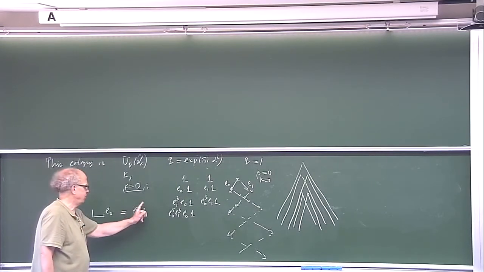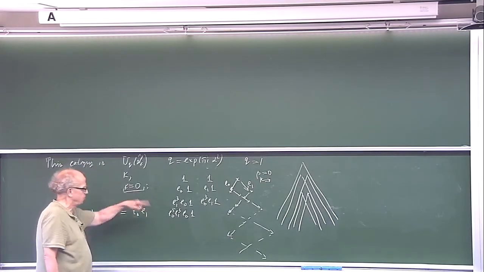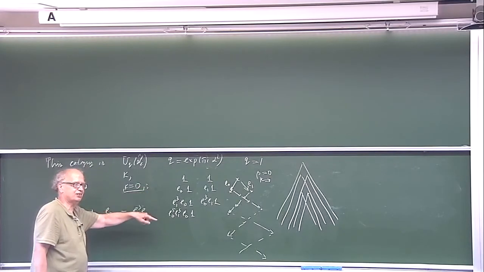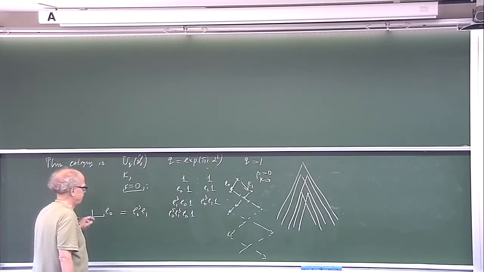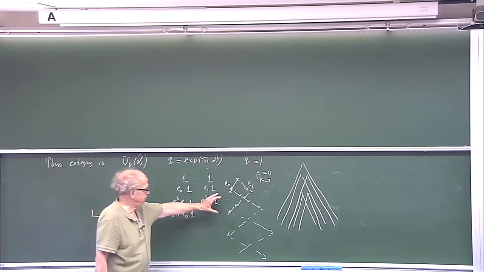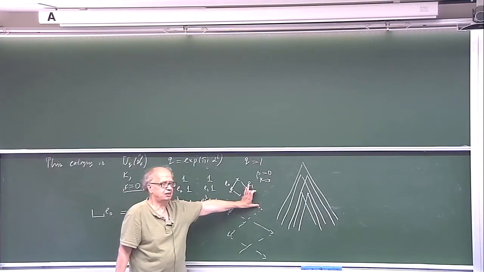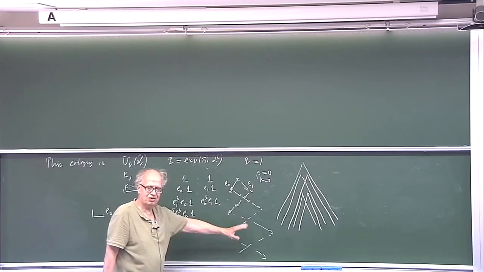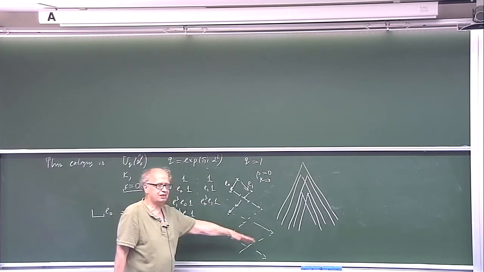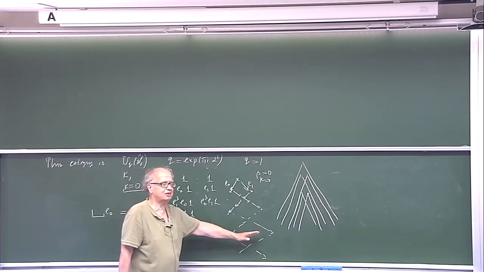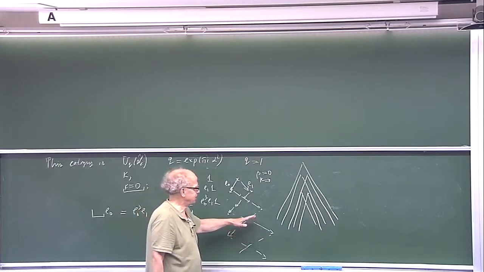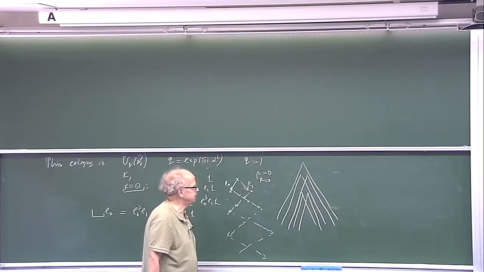In all other terms, E0 will be there. So you can write it down like this. And so for this and this, it is just Serre relations. If you go deeper, there are more complicated identities, but logically it is some kind of relations like this.